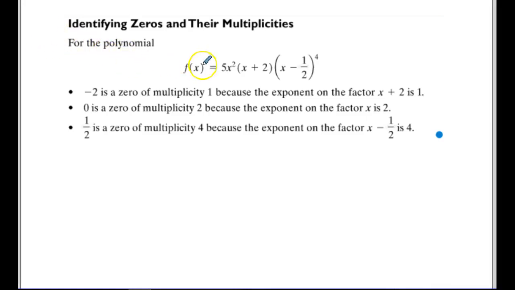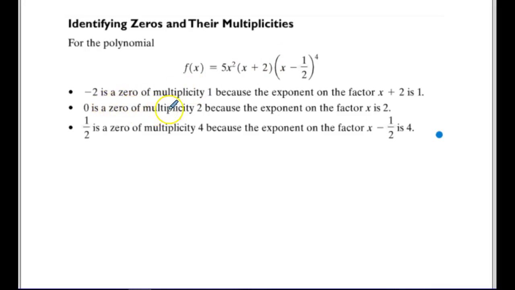Okay, so here's my original polynomial. I've got 5x squared times the quantity x plus 2 times the quantity x minus 1/2 to the 4th. So negative 2 is a 0 of multiplicity 1, because the exponent of my factor x plus 2 is 1. So my r is negative 2, a 0 of multiplicity 1, because that's my exponent.